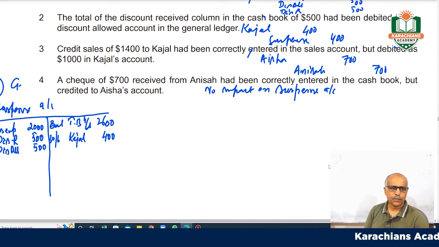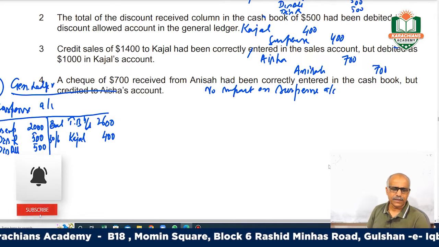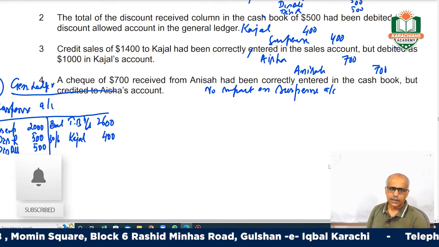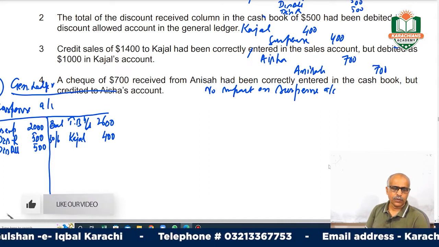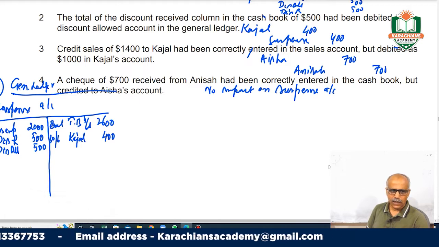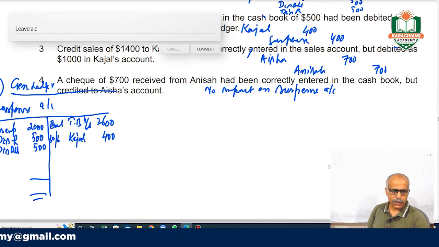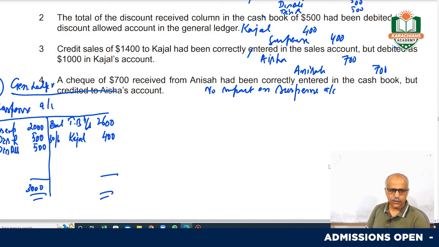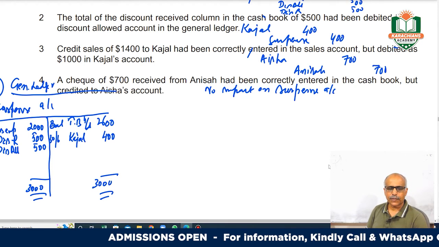You will be managing this in the general ledger. In the general ledger there will be all the different accounts, assets, liabilities, and all the nominal and real accounts. So you will maintain the suspense account in the general ledger. These are your entries: if we total the debit, 2000 and 1000, this is 3000, and 2600 and 400, this is 3000.